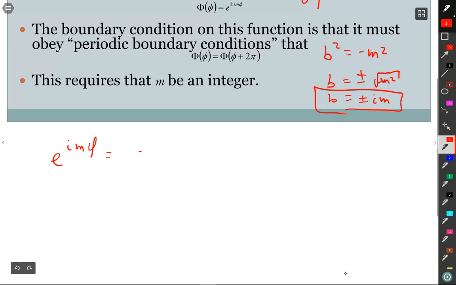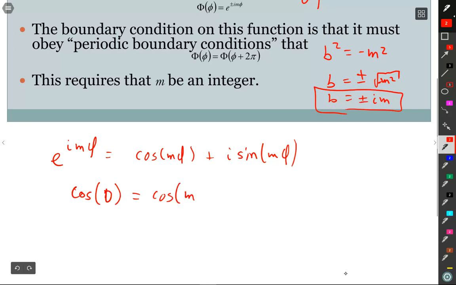Sine or cosine. Forgot the m. So you have to have that cosine of 0 equals cosine of m times 2 pi.